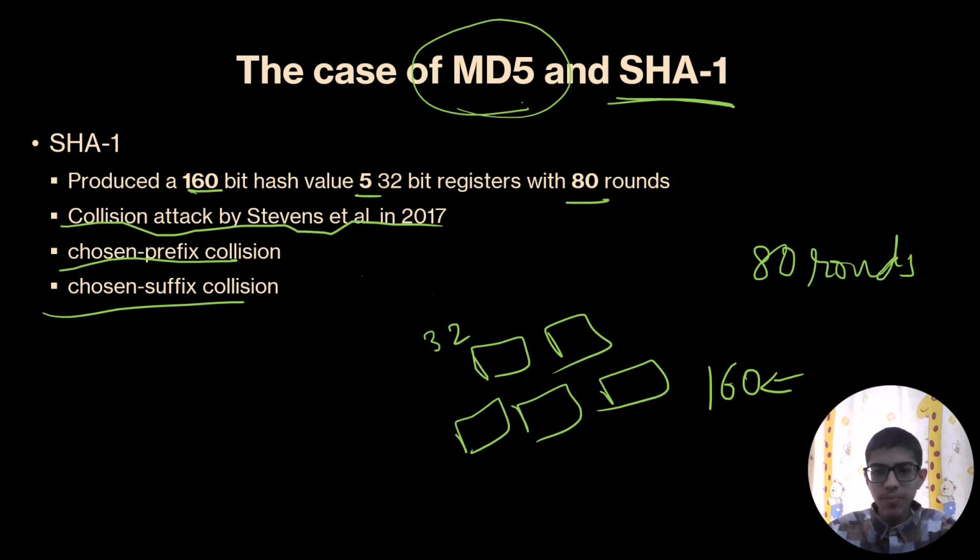For SHA1, they analyzed two plain texts such that the hash of both of them is the same.